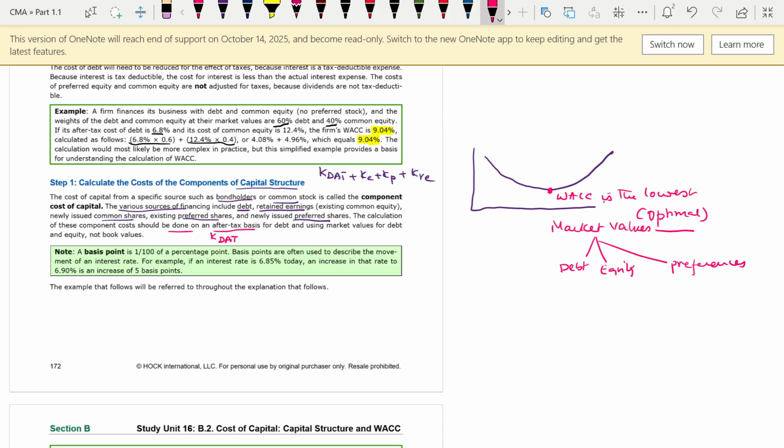Then we have to take cost of debt after tax. Here it has been mentioned, using market values for debt and equity, not book values.